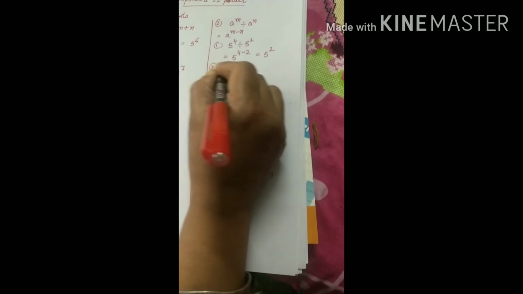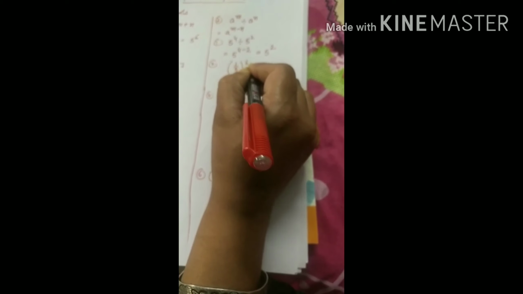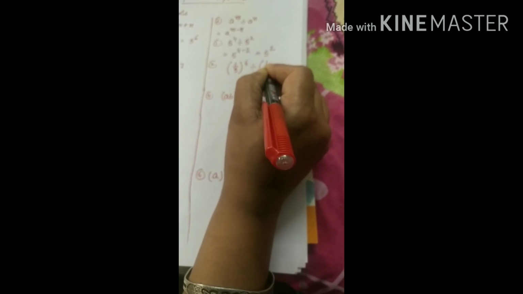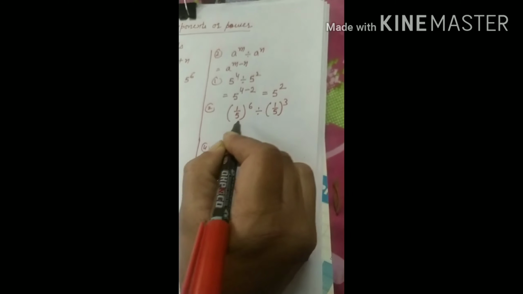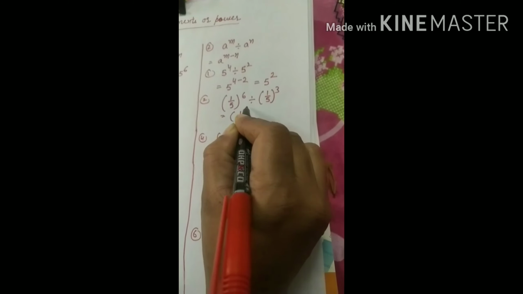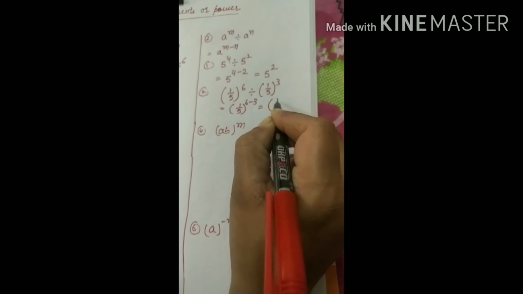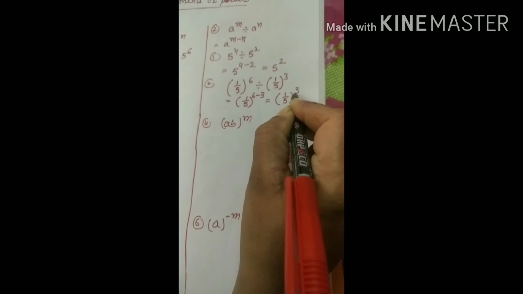Another example: if you are given 1 upon 5 power 6 divided by 1 upon 5 power 3, you will subtract the powers because the bases are the same and there is a division sign between them. So 6 minus 3, 1 upon 5 power 3.